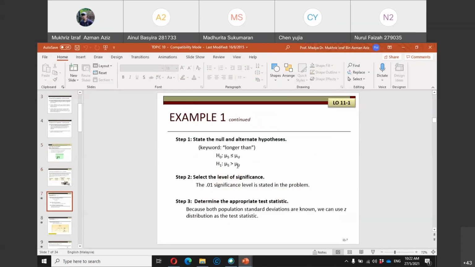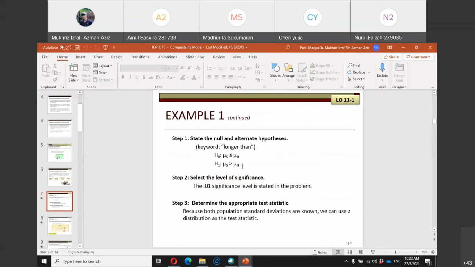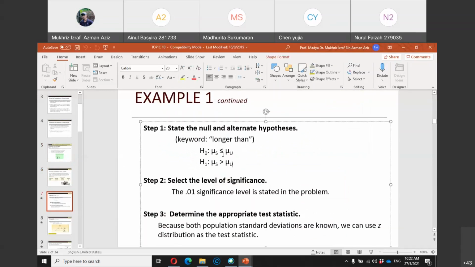Let's see how the H1 and H0 are constructed. The objective of the study is to evaluate whether the time taken from the standard is longer.